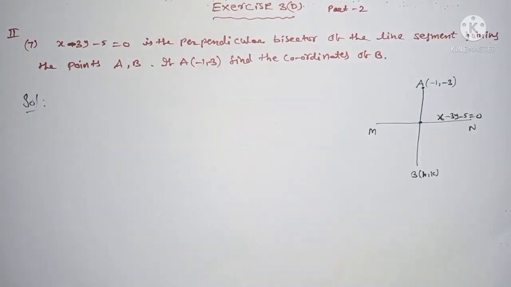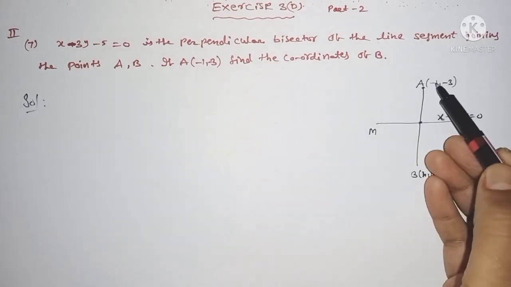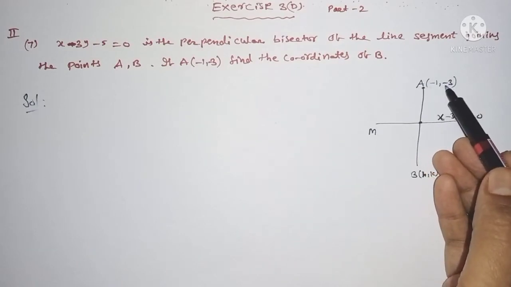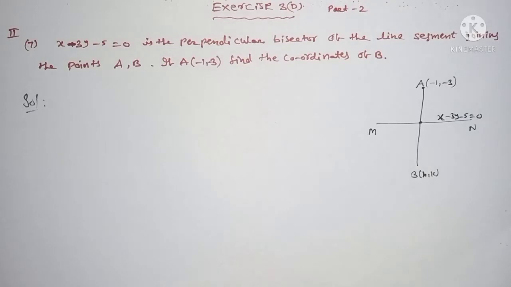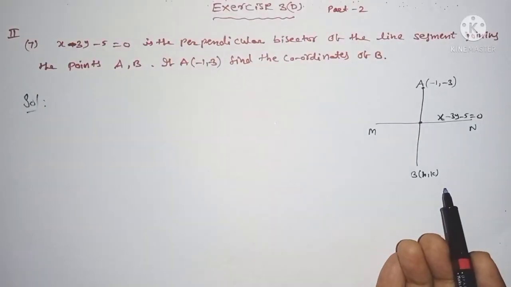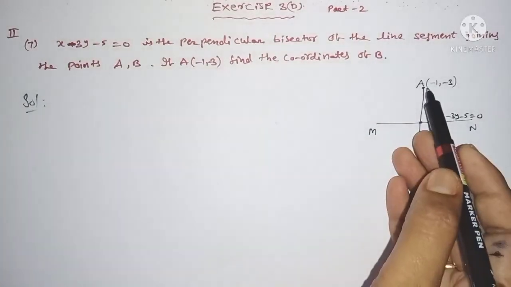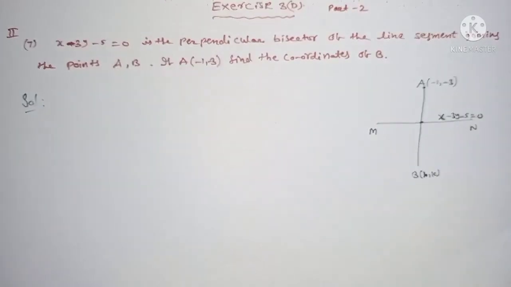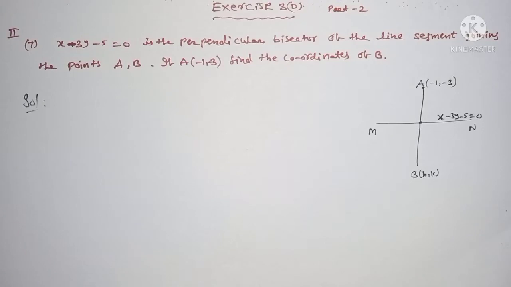You have to find B, which is nothing but (h, k). Since it is a bisector, B is the image of A. You have the formula; apply the formula and you get the answer.